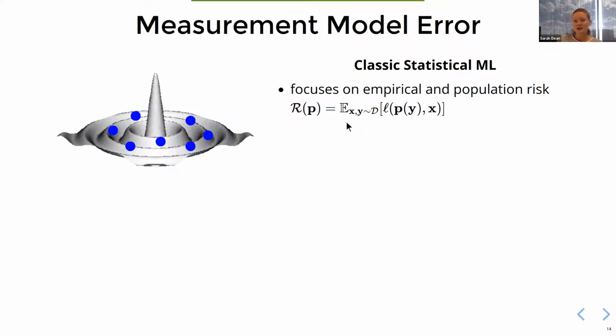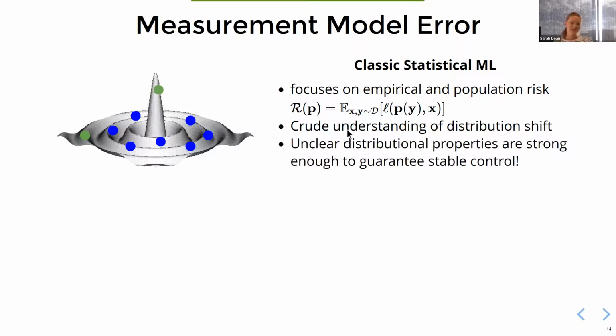In other words, how accurate am I at predicting, from an image, the state of the robot over some distribution of images? And there's really a crude understanding of distribution shift, where we might have had one distribution of images for training and then another one at test or operation time. Statistically, these are things we can grapple with, but the bounds that we get in response are quite crude.